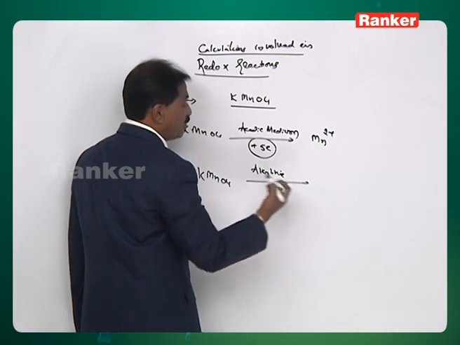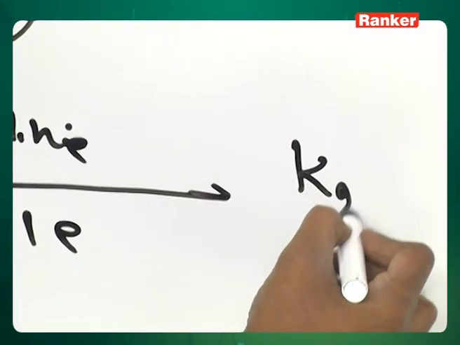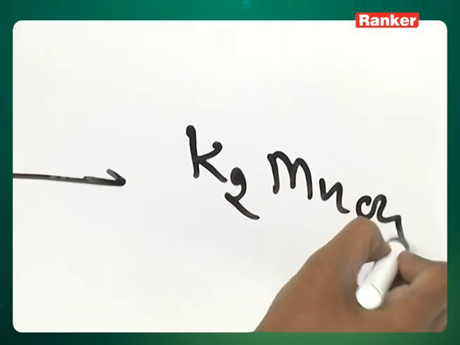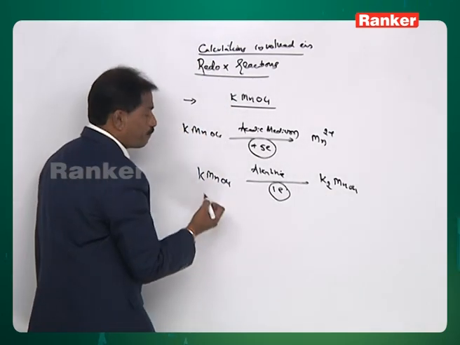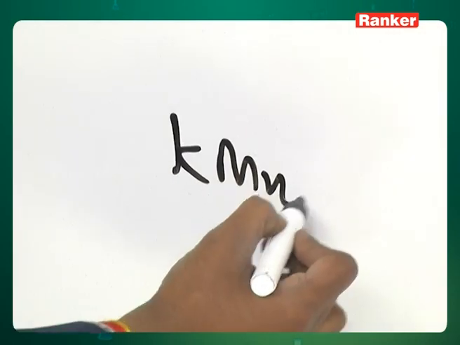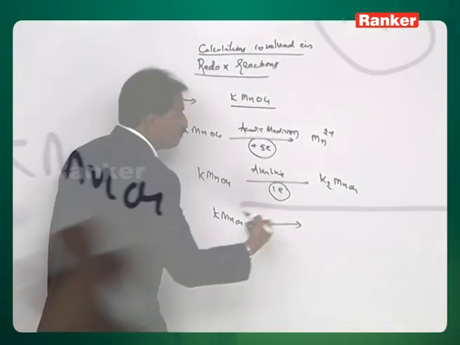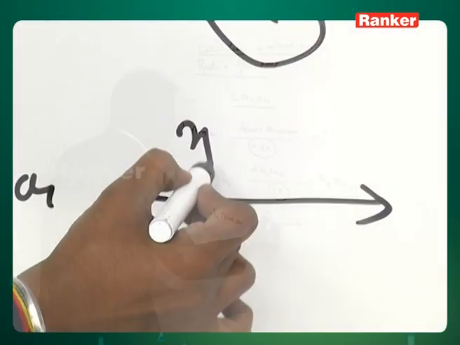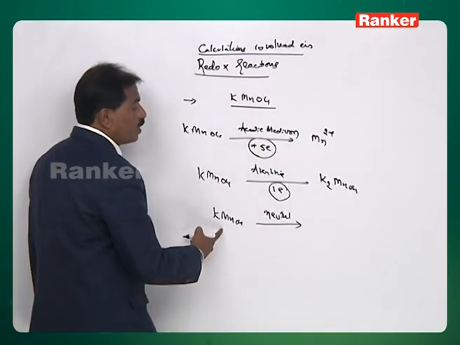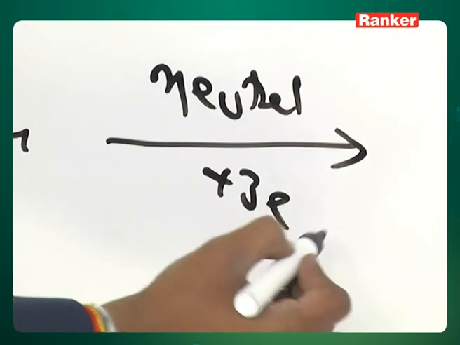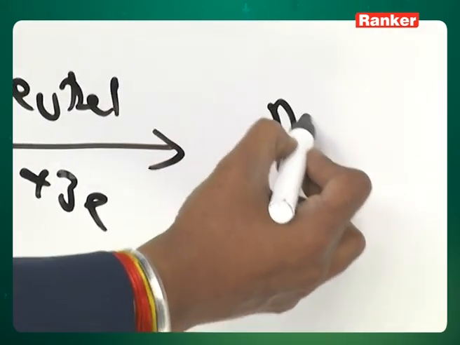Therefore, this KMnO4 will be converted into K2MnO4, with one molecule gaining 1 electron. Next, when KMnO4 participates in reactions in the neutral medium, one molecule will always gain 3 electrons, and it will be converted into MnO2.